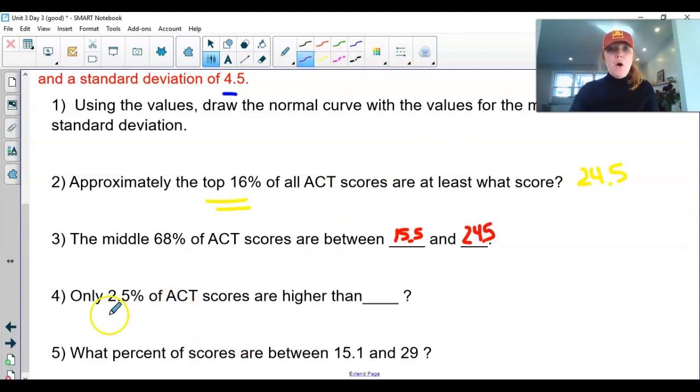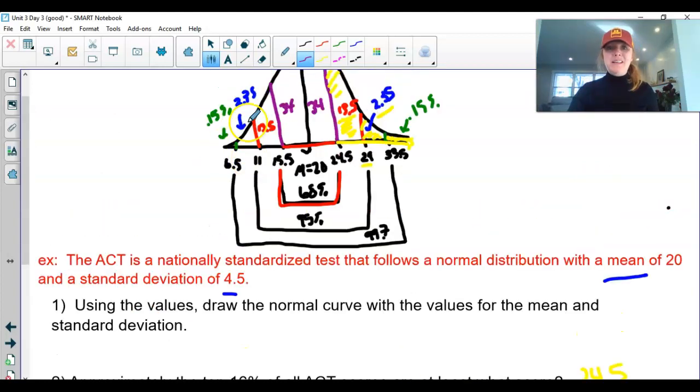Okay, the next one, only 2.5% of ACT scores are higher than what score? Again, higher than. We want a really good score. We want only 2.5% to be higher than this. Higher than 11, that's a big percentage, right? Higher than 6.5, that's a huge percentage.